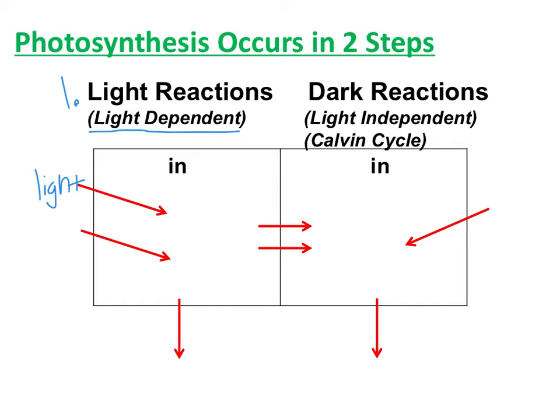I use this box system. It's just a chart to show me what's going in and what's going out of the chloroplast. The light reactions occur in the thylakoid, so they're in the little pancakes. They require light. They also use water.